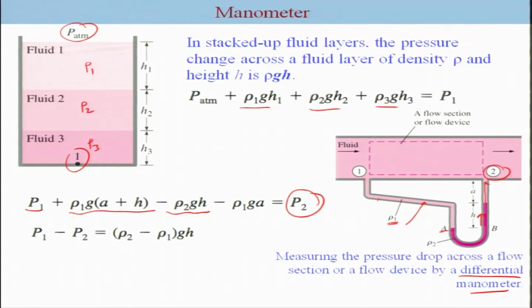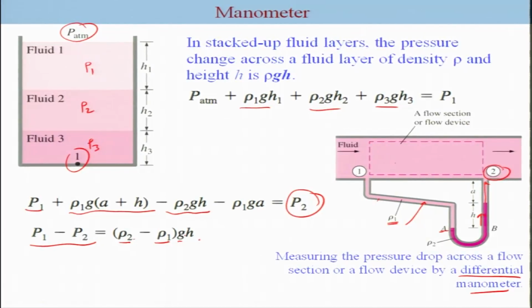So, if you readjust this term, we get P1 minus P2 is equal to (rho 2 minus rho 1) g h. That means the pressure drop from here to here is equal to the difference in density of this fluid with respect to rho 2, so rho 2 minus rho 1. Rho 2 is usually going to be much larger than rho 1.